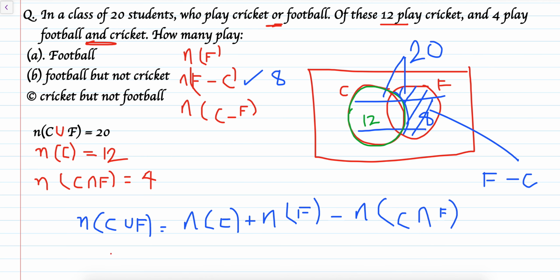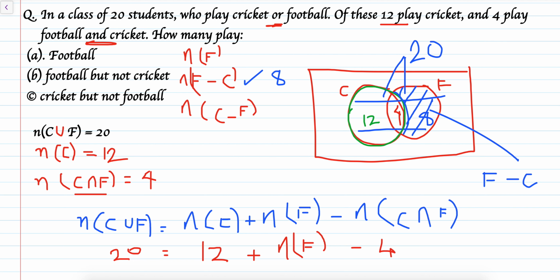So this we are already given, 20. 20 is equal to N of C, we are already given 12, plus N of F, we are not given, minus we are given this region, this is 4. So this part is 4.